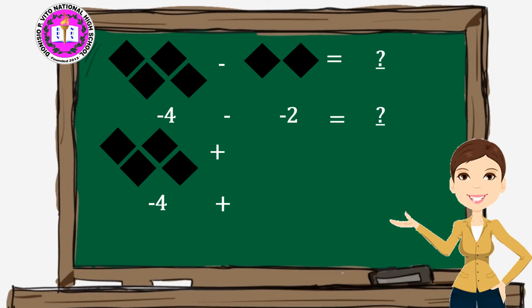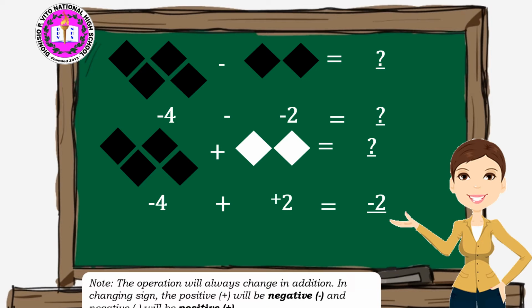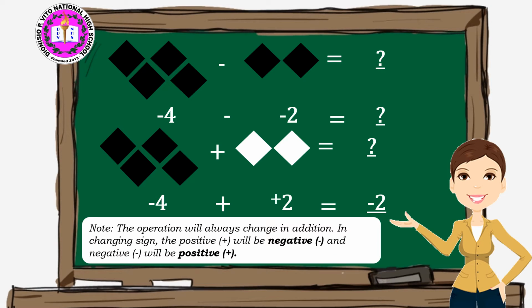We're going to change negative 2 into positive 2, which gives us negative 4 plus positive 2, equal to negative 2. Note, the operation will always change to addition. In changing sign, the positive will become negative and the negative will become positive.